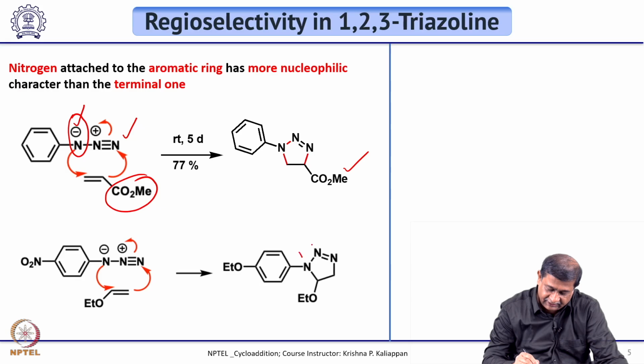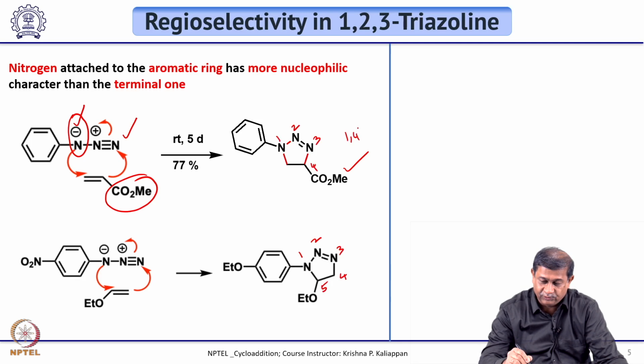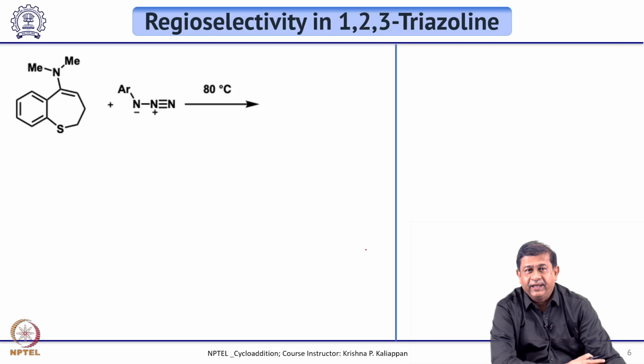So the numbering is done like this: 1, 2, 3, 4, 5. Similarly, you can write here 1, 2, 3, 4. So this is 1,4-triazoline. This is 1,5-triazoline. Okay, and we have several examples.